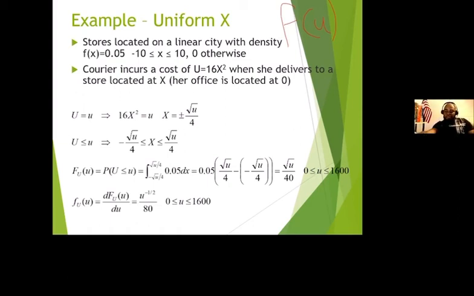Now we are seeking to obtain the probability function for u, which is actually the cost. And if you want to do that, we want to use the method of distribution function. If you want to use the method of distribution function, you need to first find the conventional variable, find x.